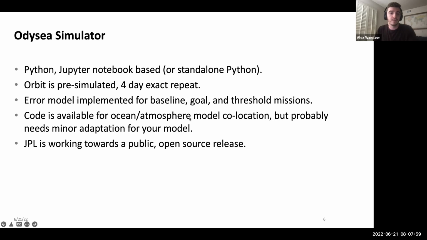Code is available for co-locating ocean atmosphere models, but likely it will have to be minorly adapted to whatever your model is. Right now it's using a coupled ocean atmosphere model from the MIT GCM. JPL is, like I said, working towards a public open source release. So hopefully in the next few months, we'll have it fully released.